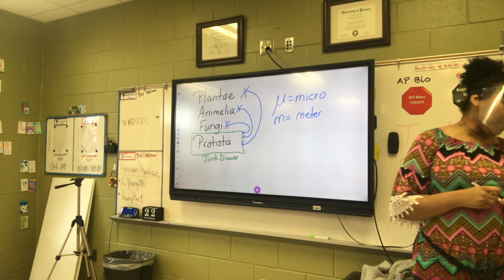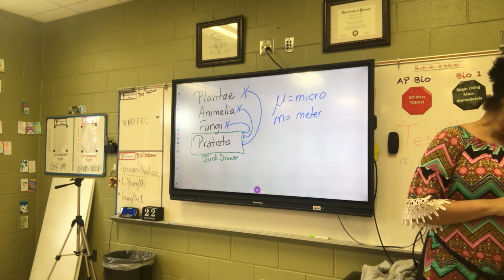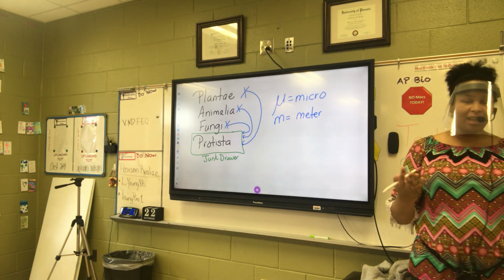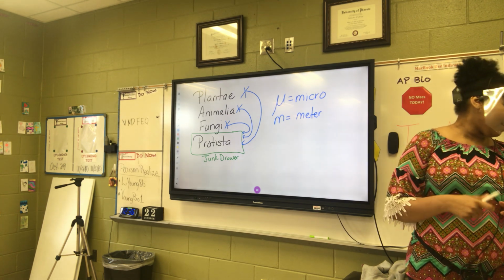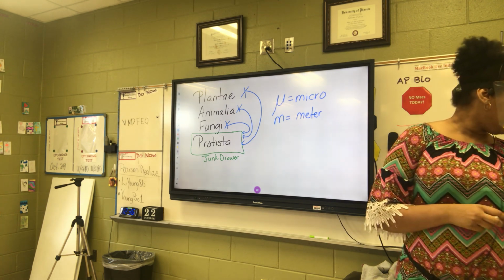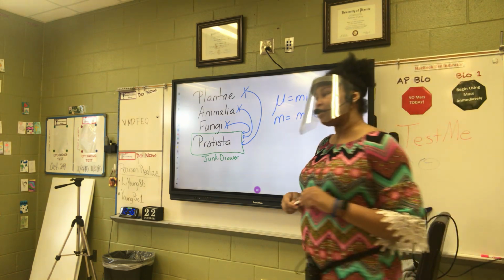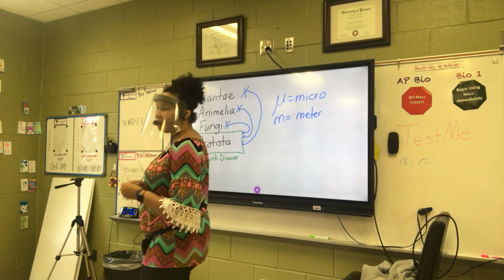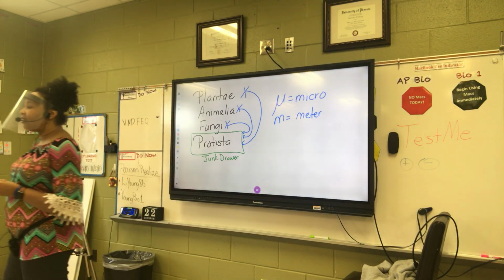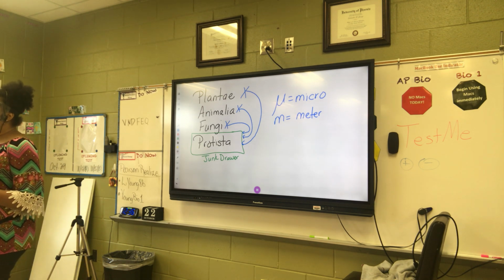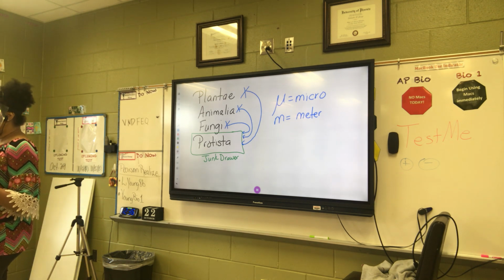All right. So on page 106. Did we finish? We did. I keep trying to rush off, don't I? All right. Cell membrane. Do you find the cell membrane in prokaryotes? Yes. What about eukaryotes? Yes. All cells must have a cell membrane. If there is no cell membrane, there is no cell.